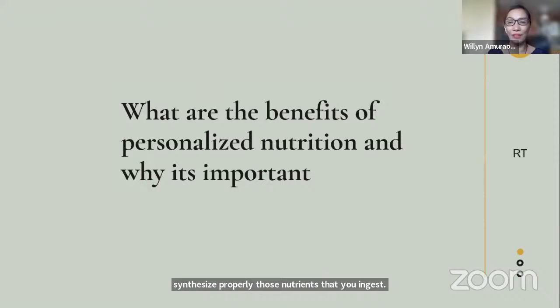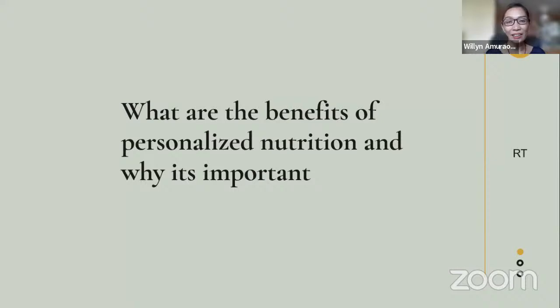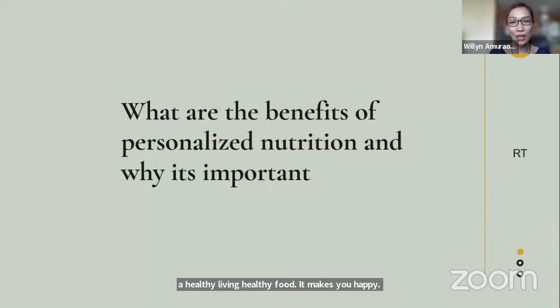For life, the benefit is healthy living, healthy food, it makes you happy. If you want to get sick all the time, you eat unhealthy foods. Who will suffer? Of course, us. We will suffer for the inappropriate diet that we ingested.